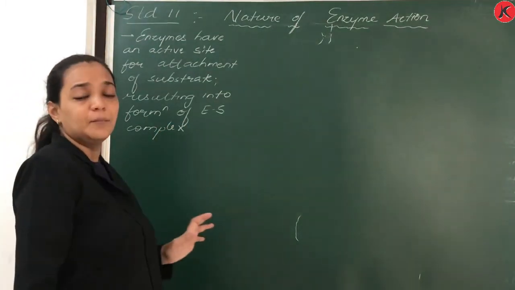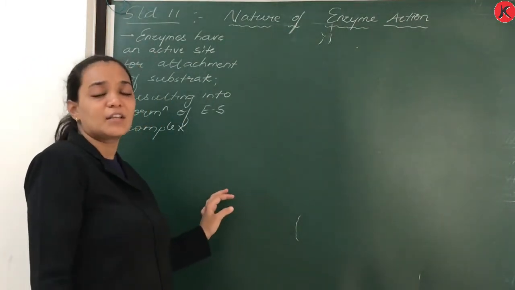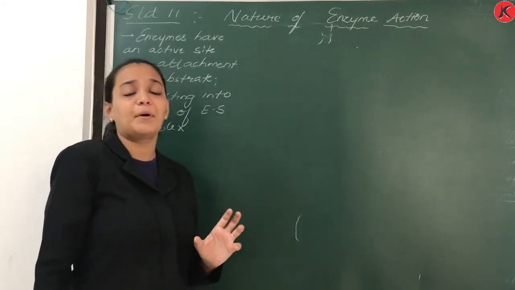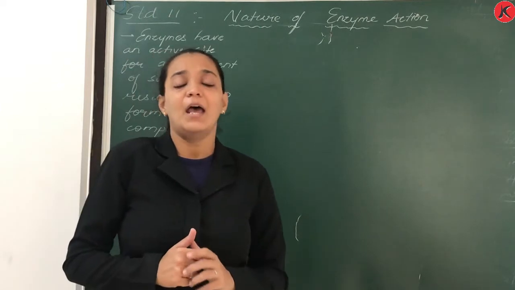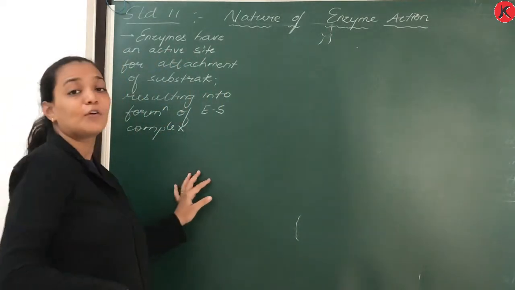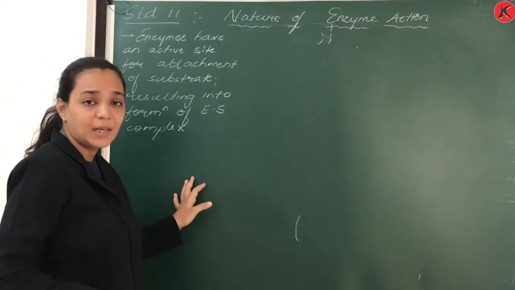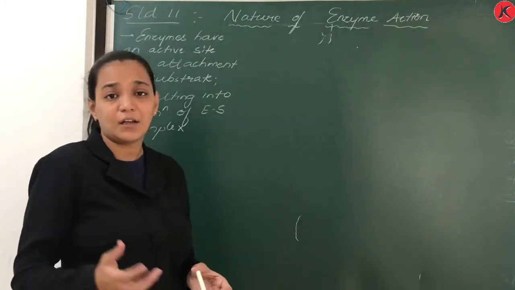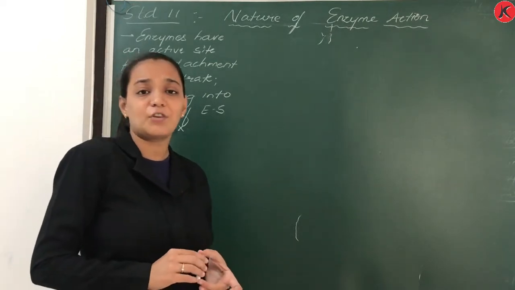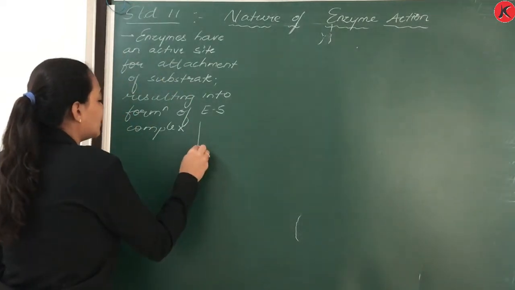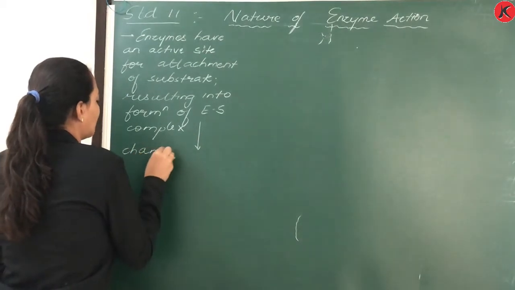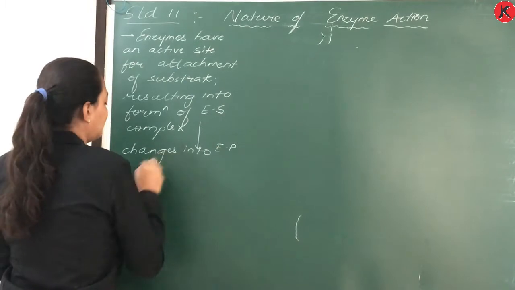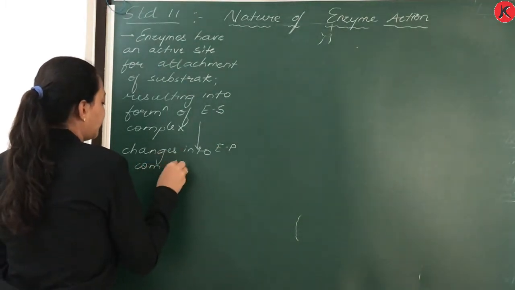What is going to happen? As soon as the substrate attaches to the active site of the enzyme, the enzyme will properly fit along with the substrate, resulting in formation of the enzyme substrate complex. Now this enzyme substrate complex is highly reactive, and therefore it will change into the enzyme product complex.